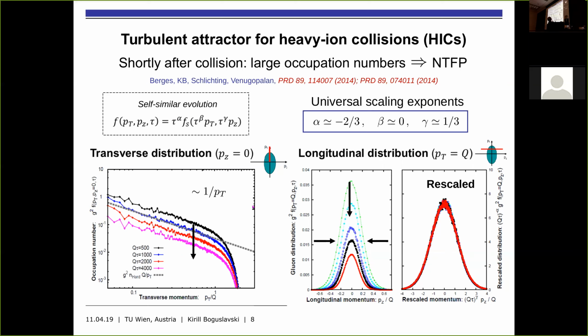You can also look at the distribution function and the different scaling exponents. To make the story short, you get alpha, beta, and gamma for many different initial conditions. You can play around with initial conditions, and you always get this set of scaling exponents.